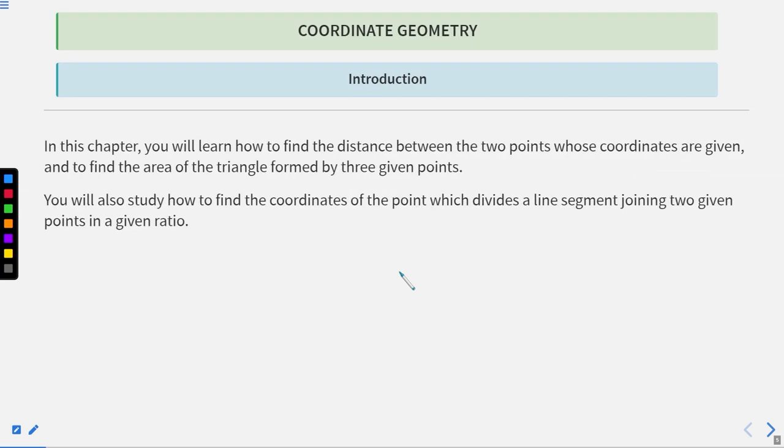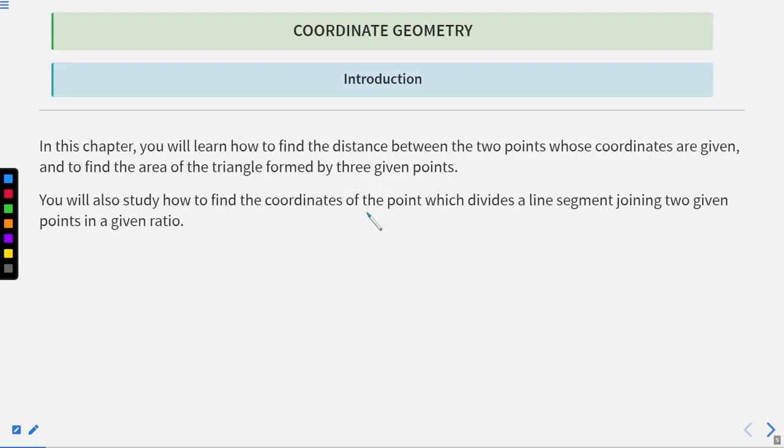In this chapter we will learn how to find the distance between two points whose coordinates are given to us, and to find the area of the triangle formed by three given points.